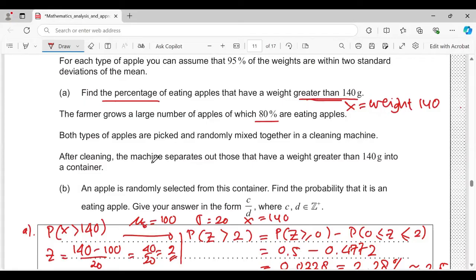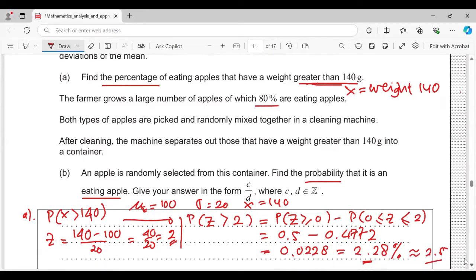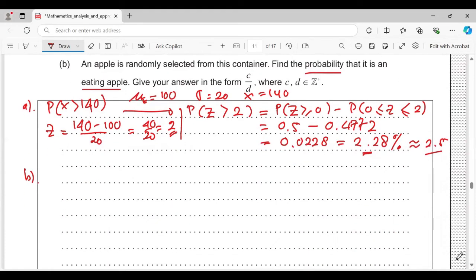After cleaning, the machine separates out those that have a weight greater than 140 grams into a container. An apple is randomly selected from this container. Find the probability that it is an eating apple. Give your answer in the form C over D, a fraction.